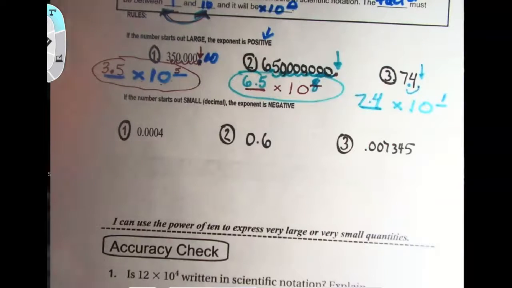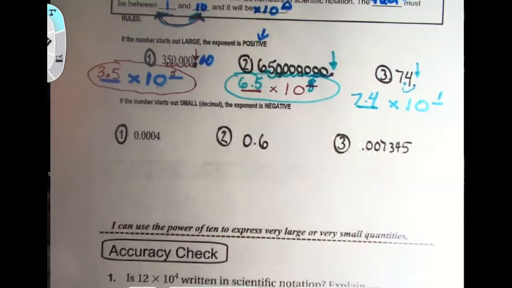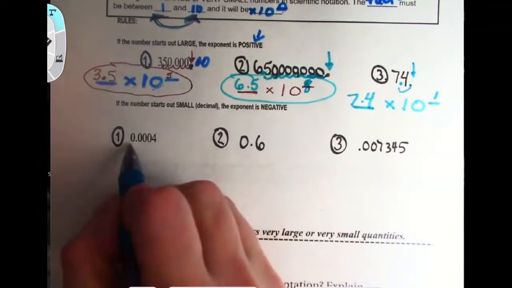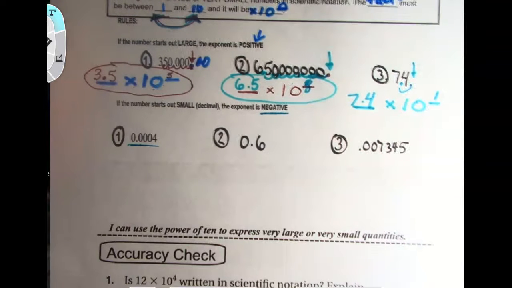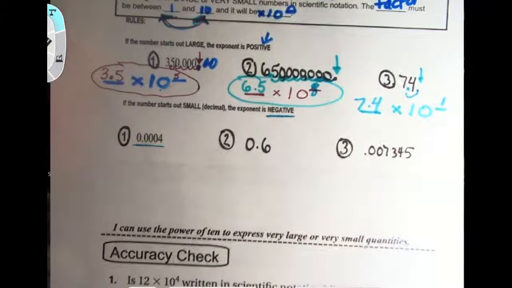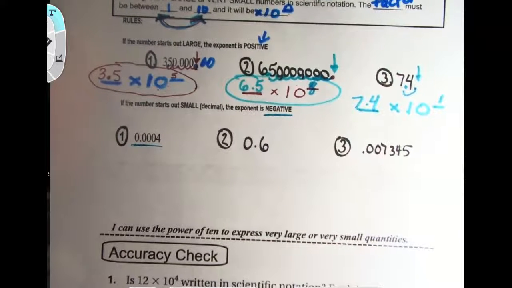All right, let's look at the other way. If you start with very small numbers, that just means numbers that are smaller than 1. They're going to be a decimal. We know that starting with a decimal or a small number, our exponent is just automatically negative. What we do doesn't change. We count going the other way, but it doesn't really matter which way you count.